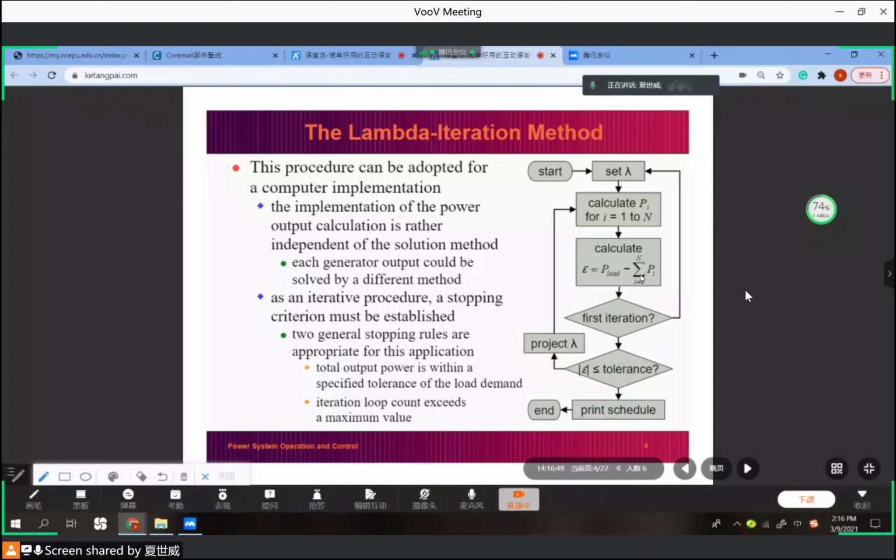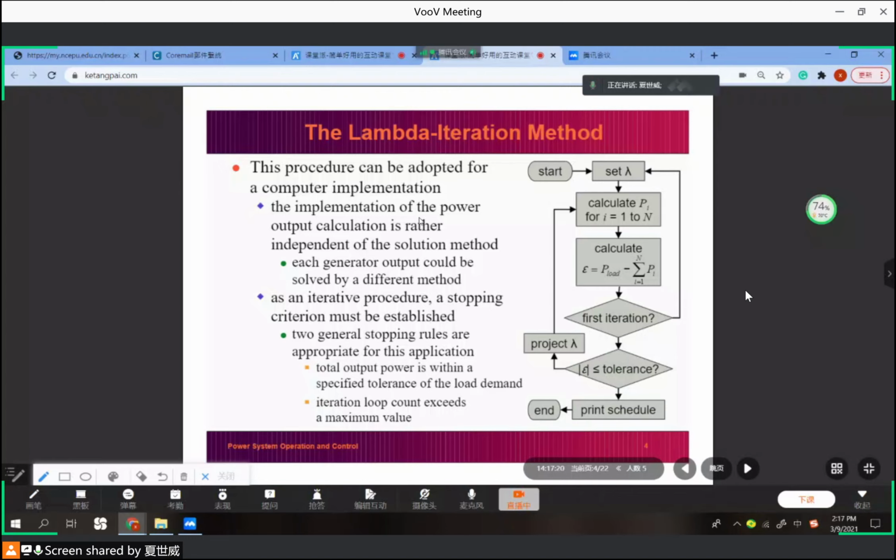That means they almost match, so you can stop and end the program. Otherwise, you should update the lambda and continue for the next loop. That means you update lambda by interpolation or extrapolation, or just directly increase or decrease 10% of the first value. Then you continue for the second loop. Okay. So the procedure can be adopted for a computer implementation.